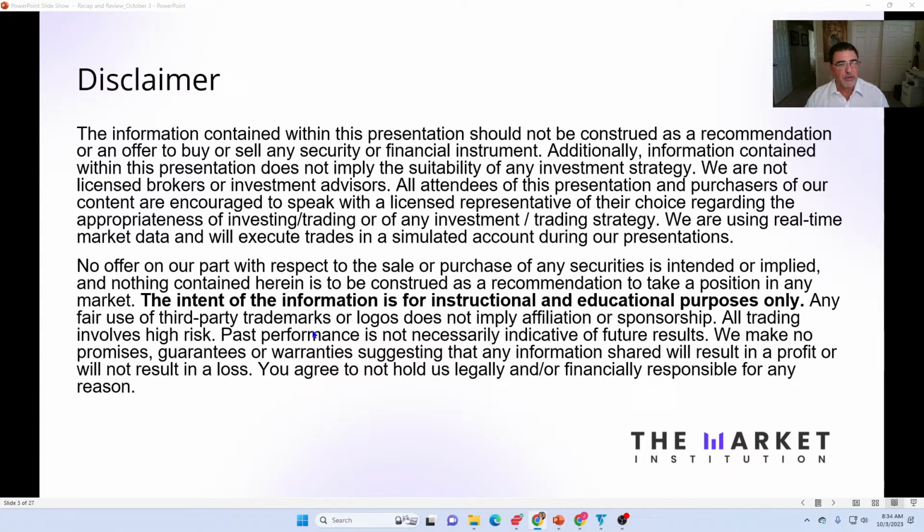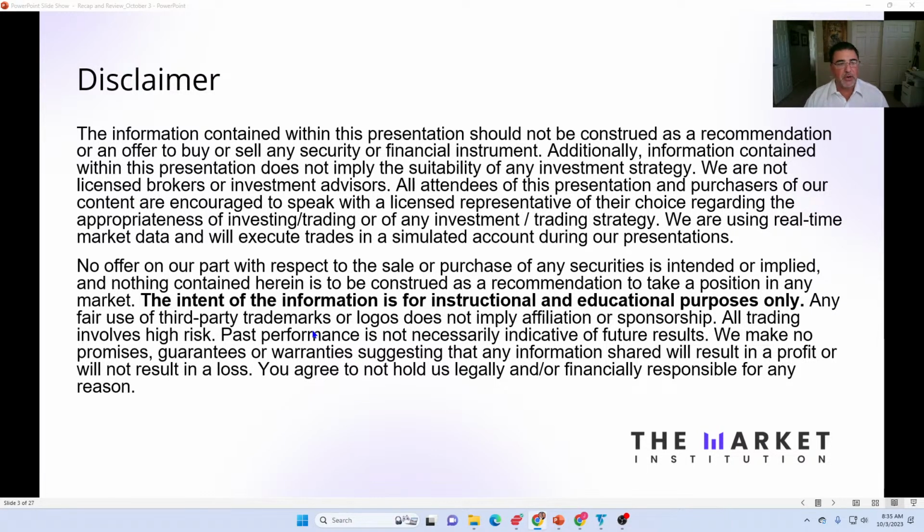We are not licensed brokers or investment advisors. All attendees and purchasers of our content are encouraged to speak with a licensed representative of their choice regarding the appropriateness of investing, trading of any investment, or any trading strategy.